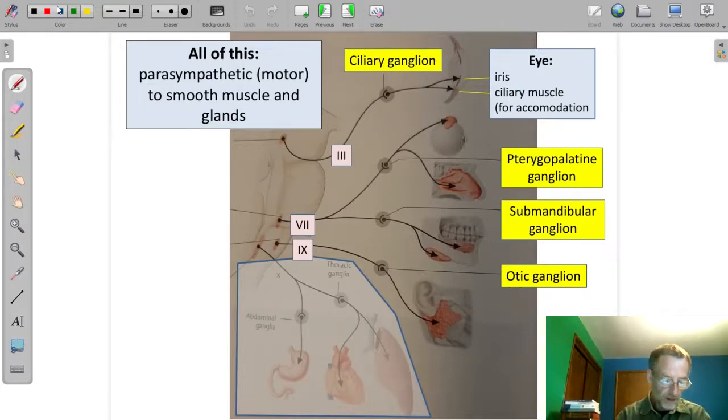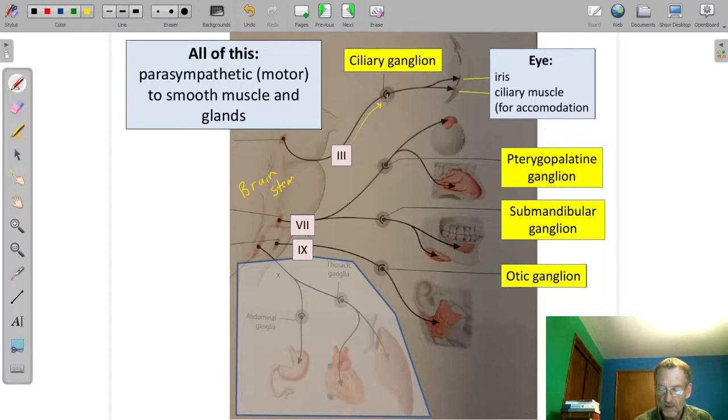So here is the brainstem, the pons and the medulla. We don't really care about those nuclei, but I just indicated those cranial nerves, 3, 7, and 9 are the ones of interest. So here's 3, which is going off and synapsing in the ciliary ganglion.